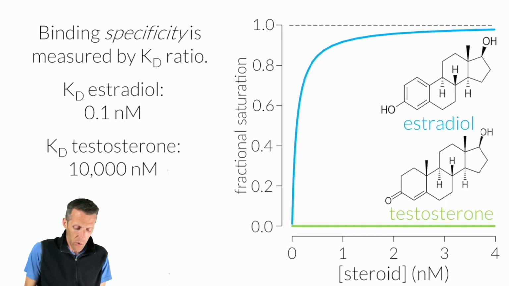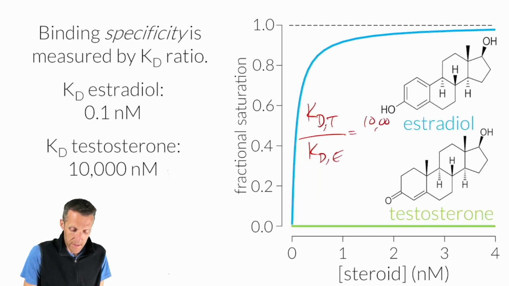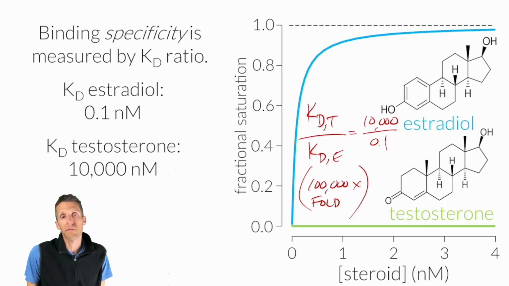So we can take the KD for testosterone over the KD for estradiol. If we do that, it's 10,000 over 0.1, which means there's a 100,000-fold preference for estradiol over testosterone, right? So it prefers estradiol 100,000-fold to testosterone.